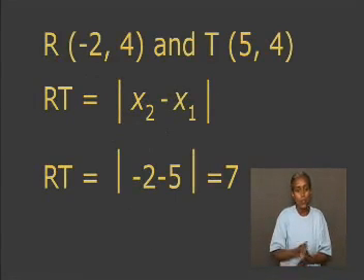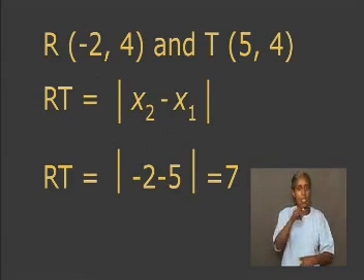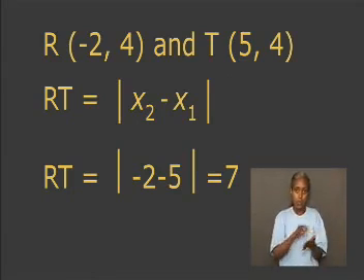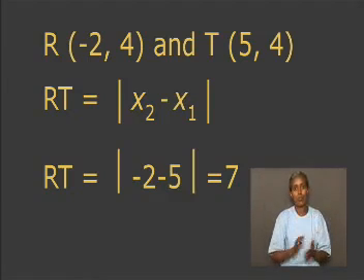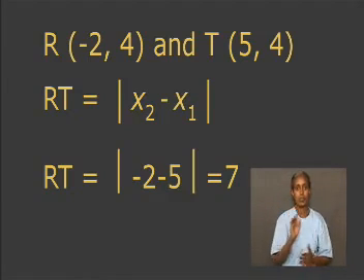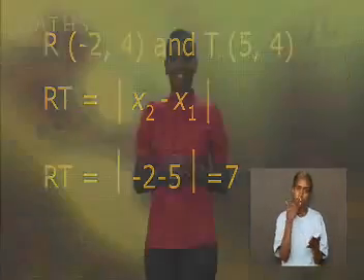To find the distance between these 2 points, we subtract their x values. The distance between 2 points is an absolute value. Thus, -2 minus 5 equals 7. Were these your answers, students? Well done!